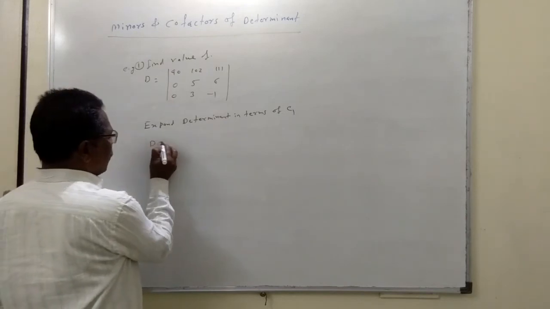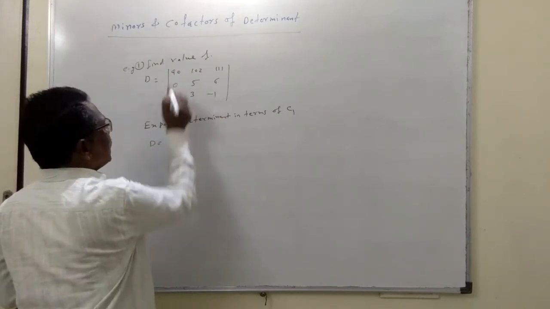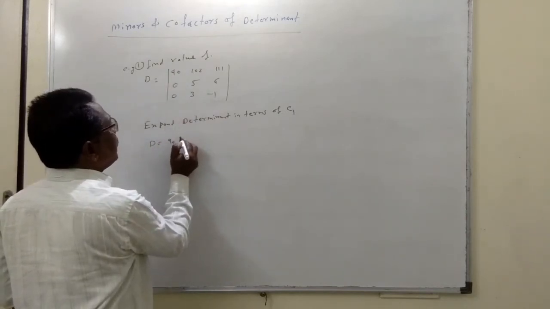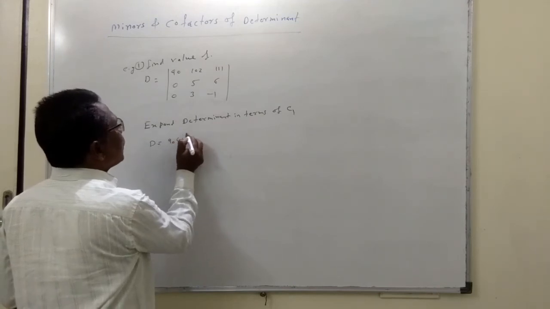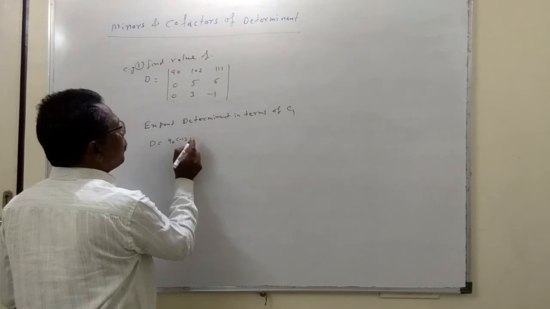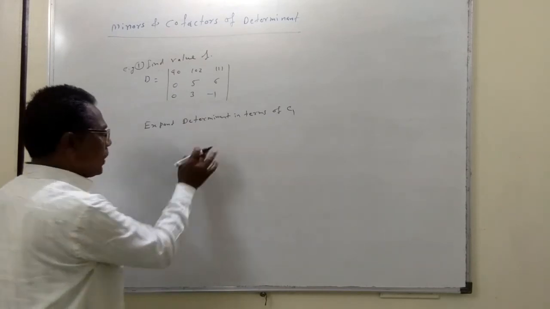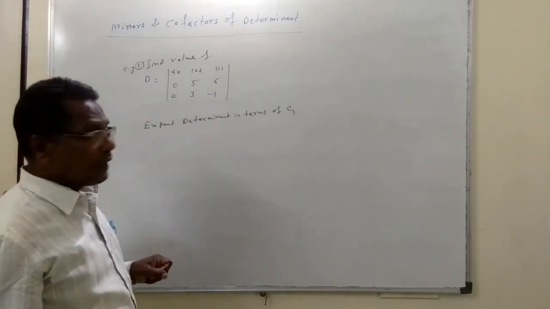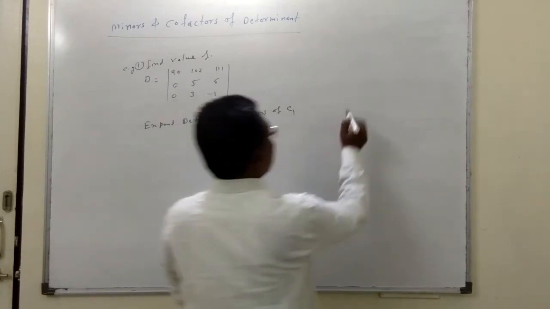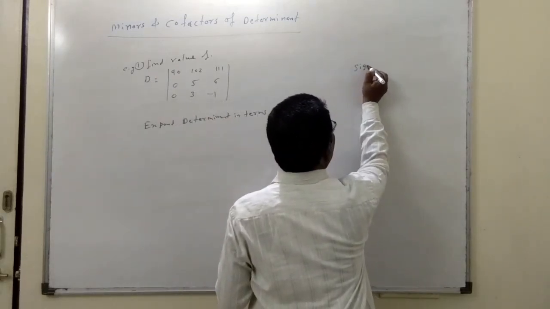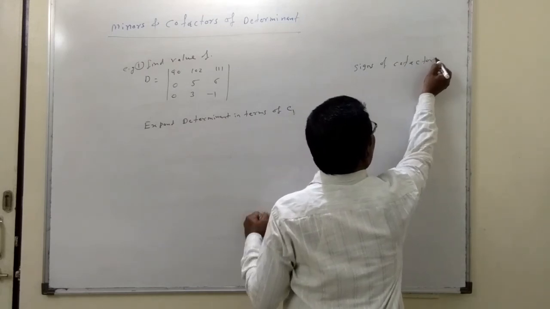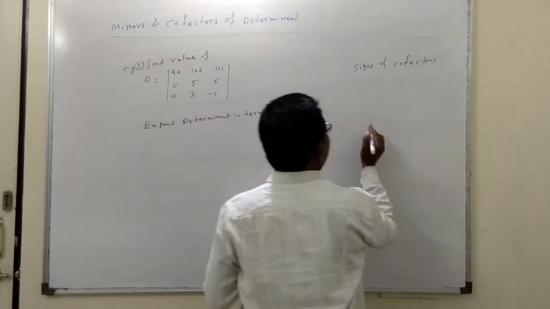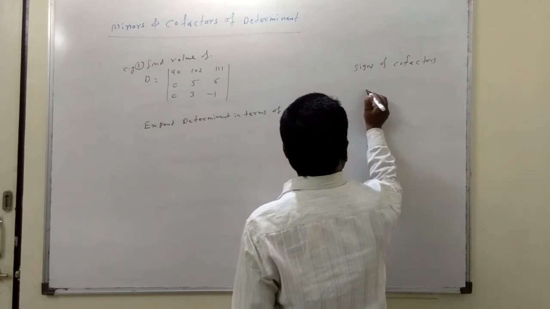So D is equal to, when we expand this, first element 90 into its cofactor, so minus 1 raised to, now here one thing we will understand again: the signs of cofactors.